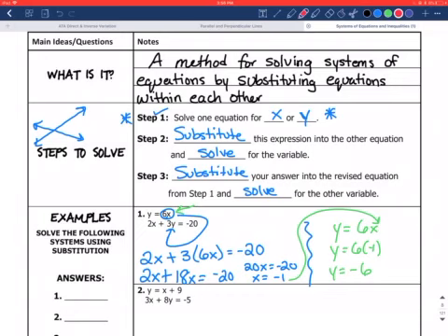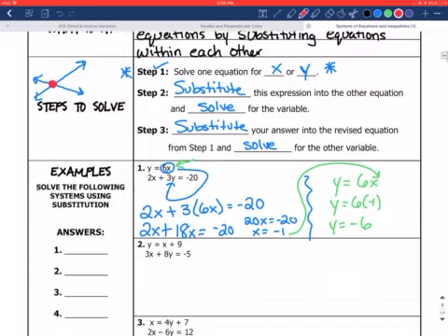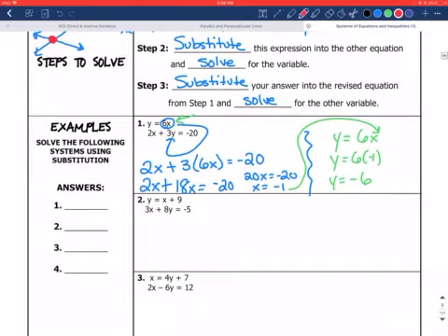Well, solutions of a system of equations or multiple equations is just where these two equations cross. So in other words, we're asking for a point. All of your answers will be a point, or it'll be no solution if they don't cross. So our x equals negative 1 and y equals negative 6 is going to be our final answer here. Negative 1, negative 6. There is our solution.